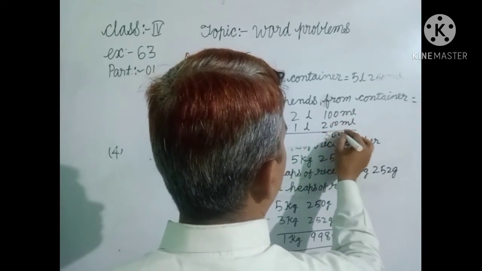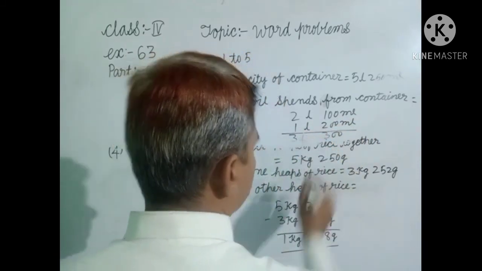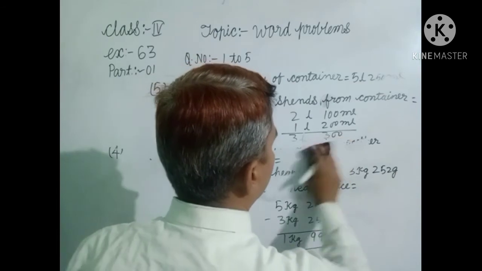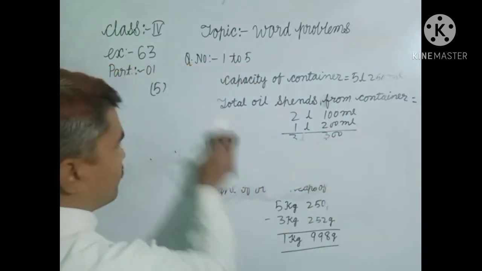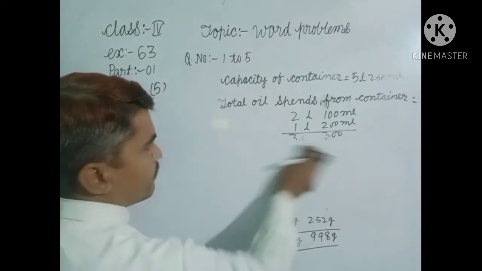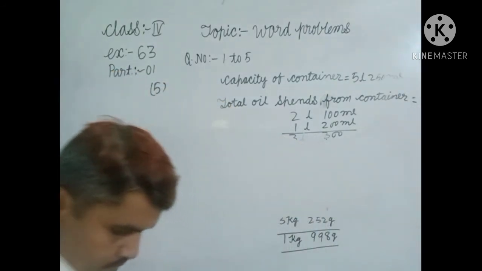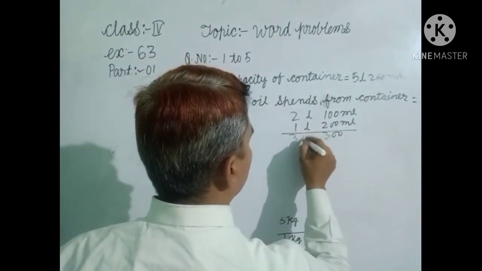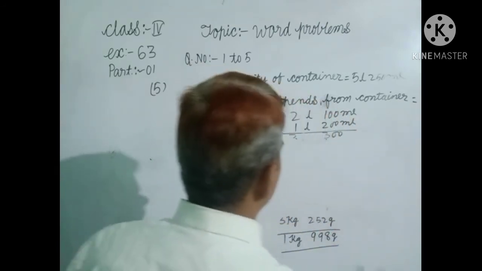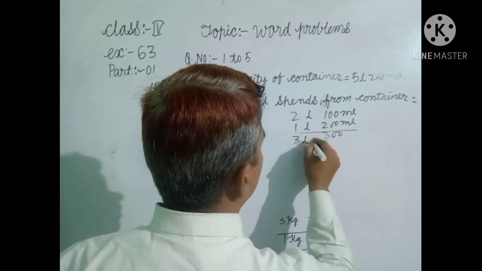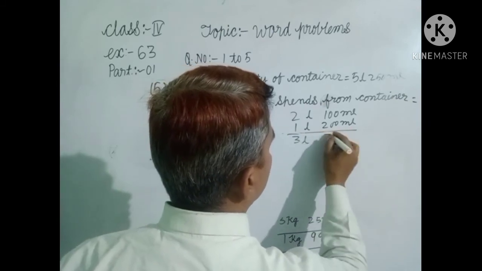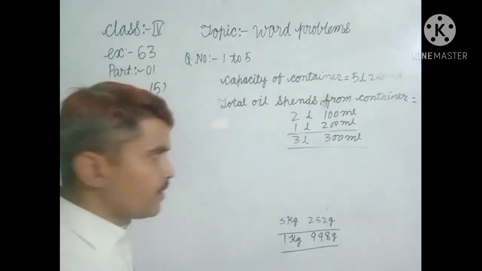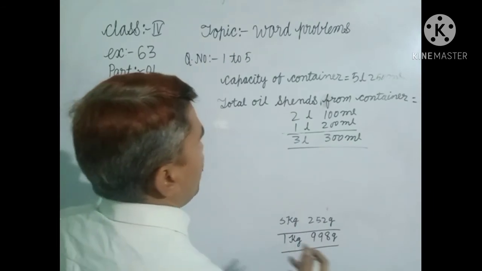That means 3 liters 300 milliliters. Now here, 3 liters 300 milliliters of oil spent from the container. How much oil is left in the container?